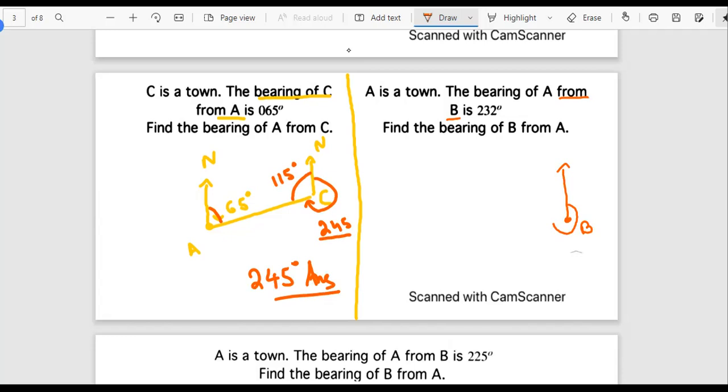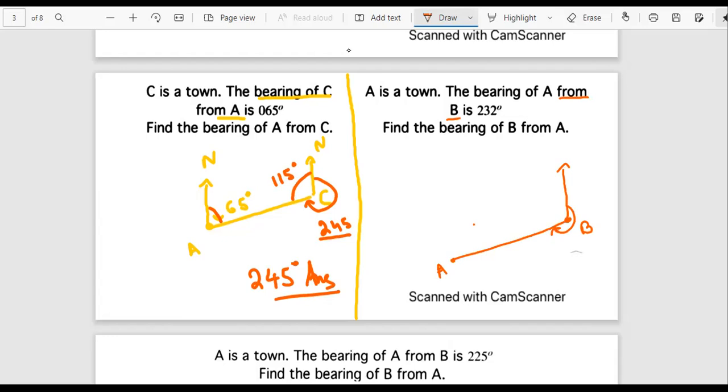And now I need to make another line in order to find the point A. I'm going to start from here. It would be somewhere here. And now I will connect these two. Okay. So this is A.